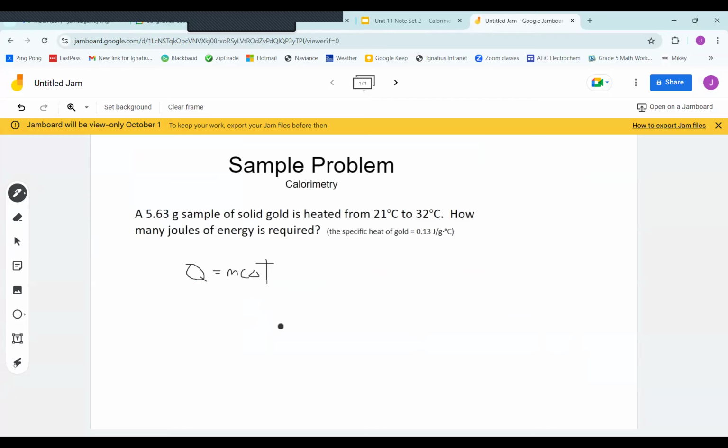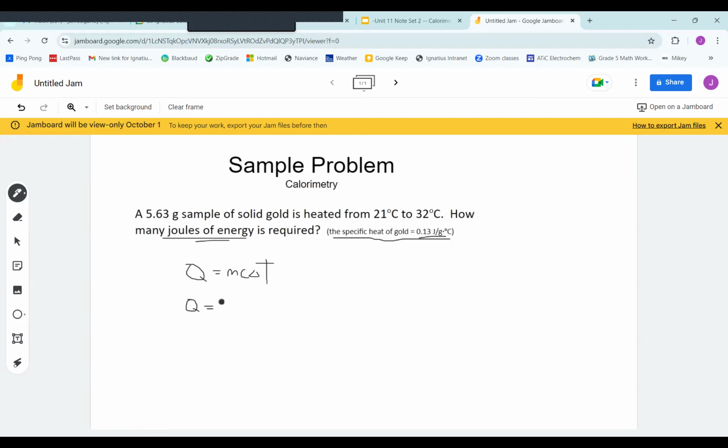How many joules of energy is required? Notice they give us the specific heat capacity of gold, 0.13 joules per grams times degrees Celsius. We want to solve for Q because the question says how many joules of energy is required.